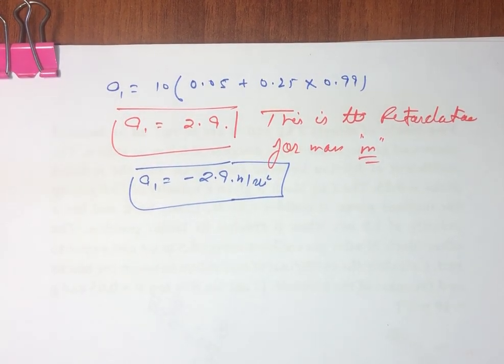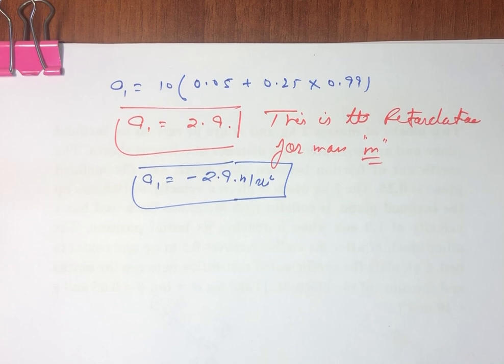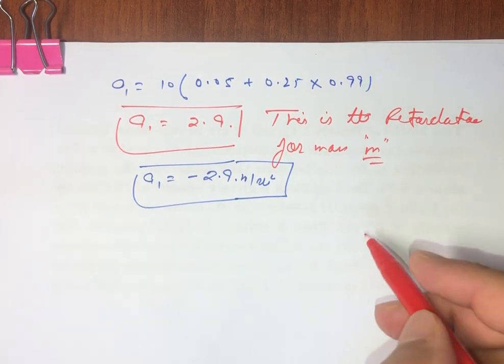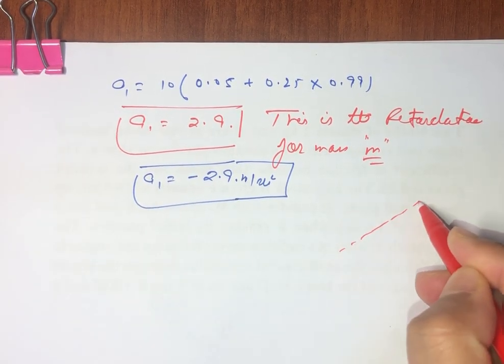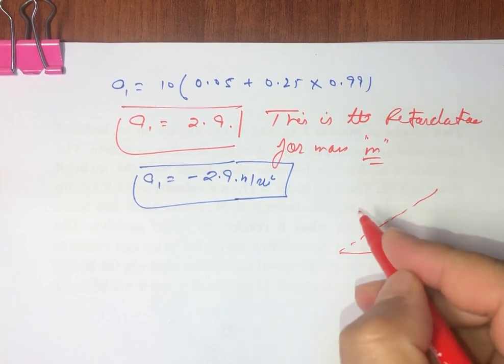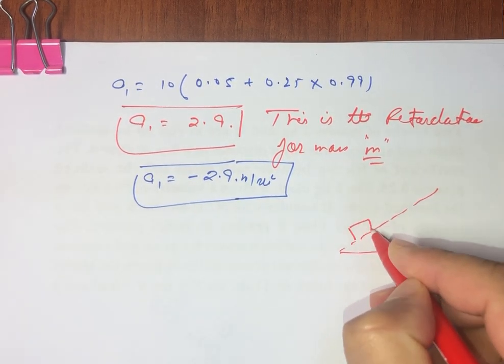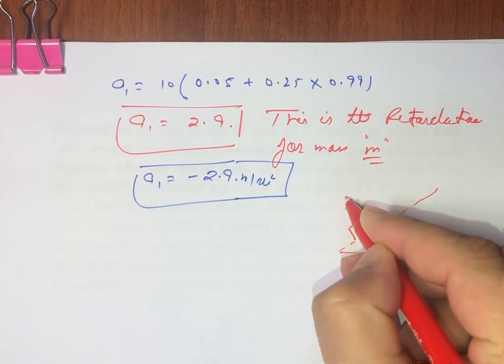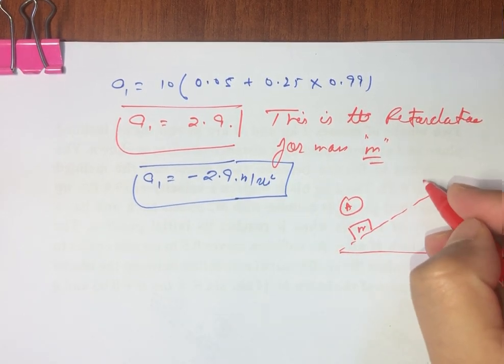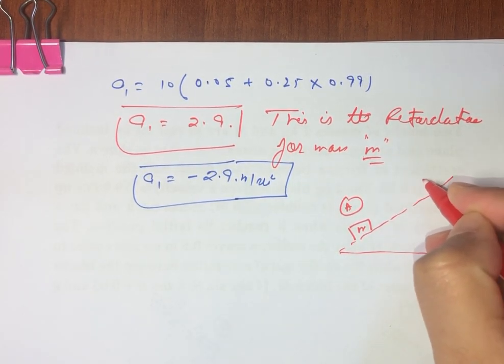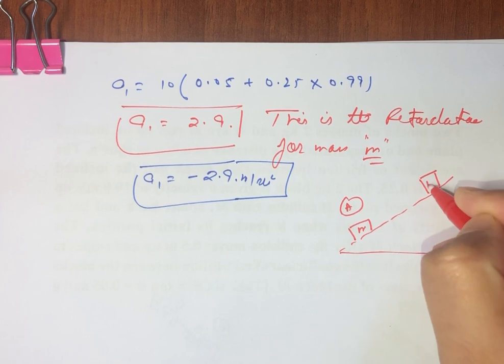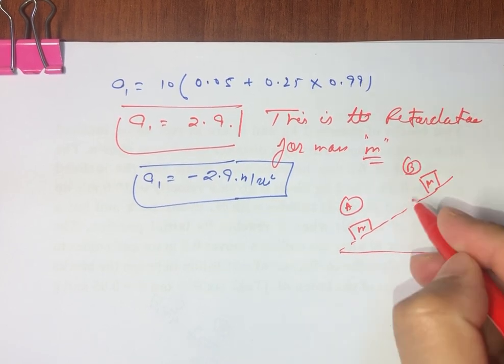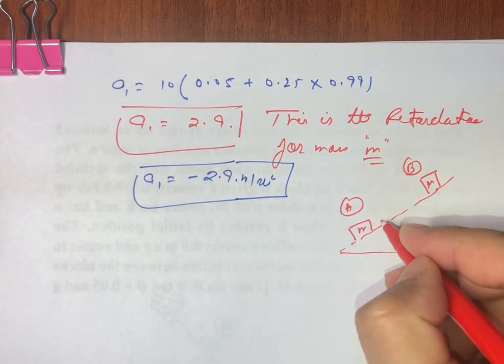Now we also assume that this is our mass m. It starts from position A, and the capital M is at position B, 6 meters away.